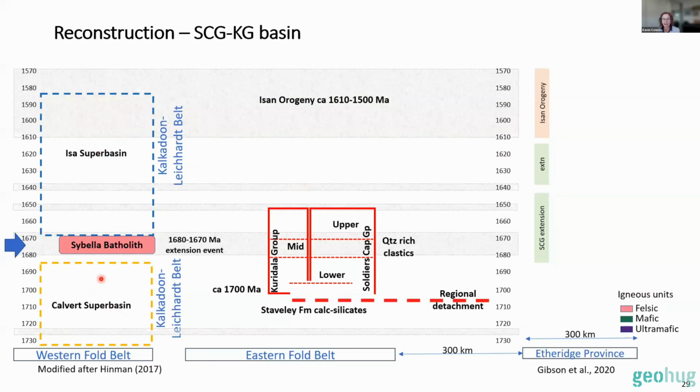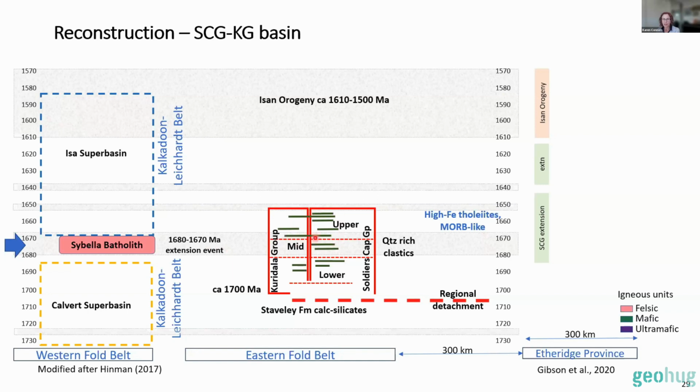Now, a couple of key features from the stratigraphy in this eastern area in comparison with the west. So Calvert and Isa superbasins separated by emplacement of Sybella batholith at 1680, 1670. So that's a major extensional event. And that coincides with deposition of quartz-rich clastics here in the east, in contrast to the finer grain units above and below that.